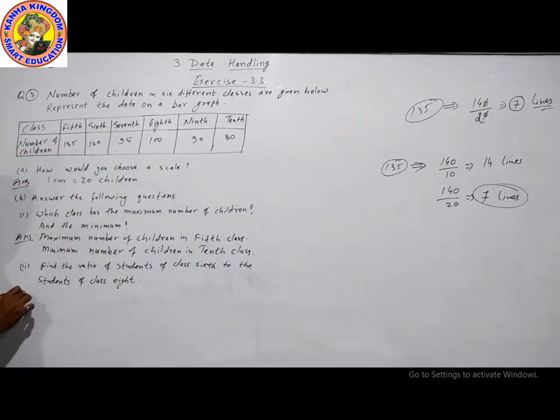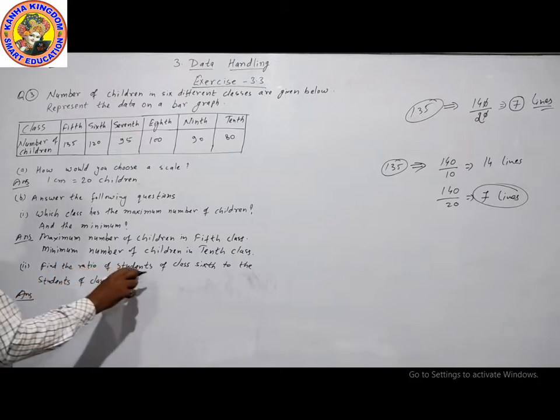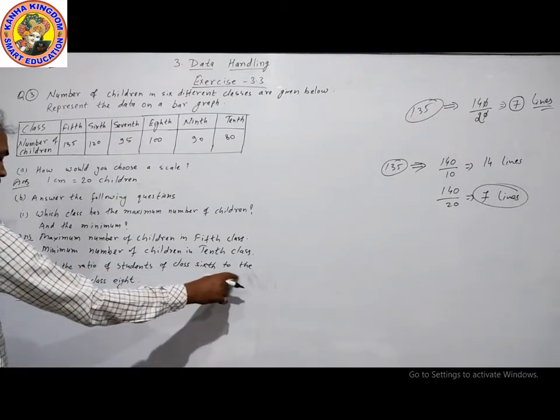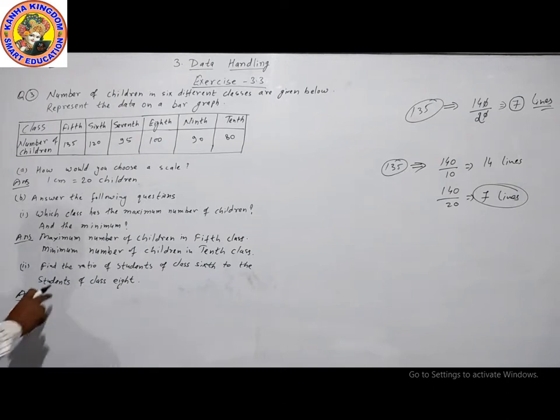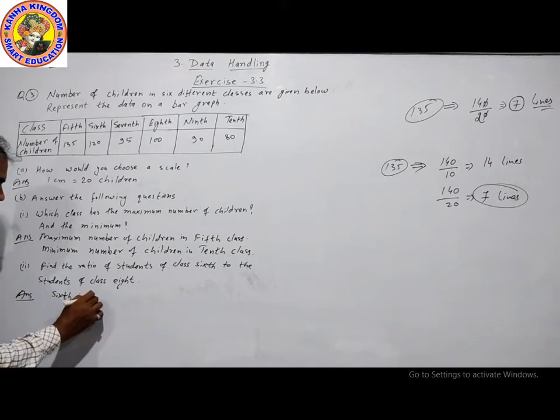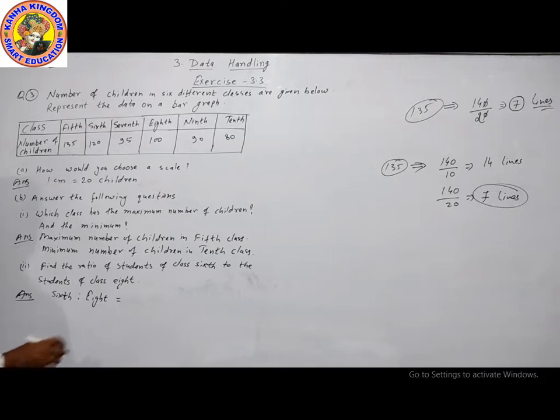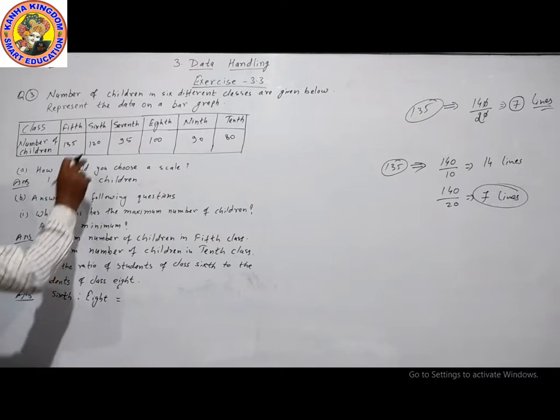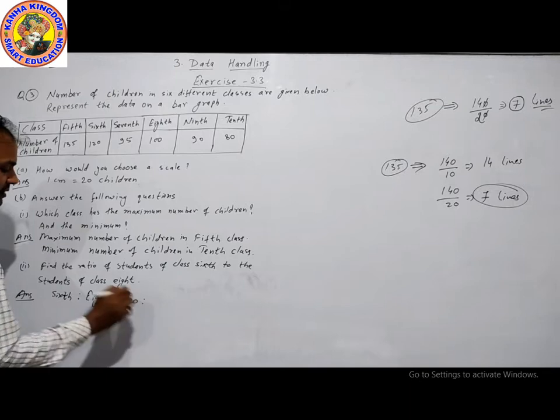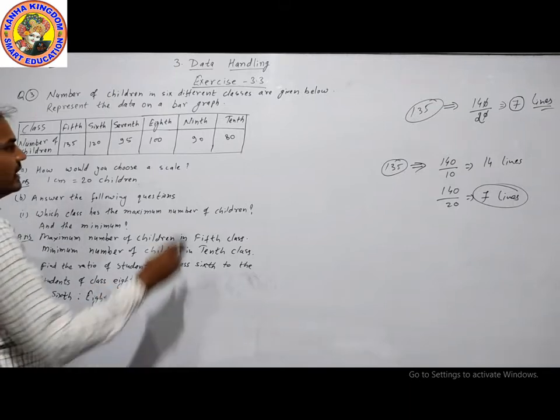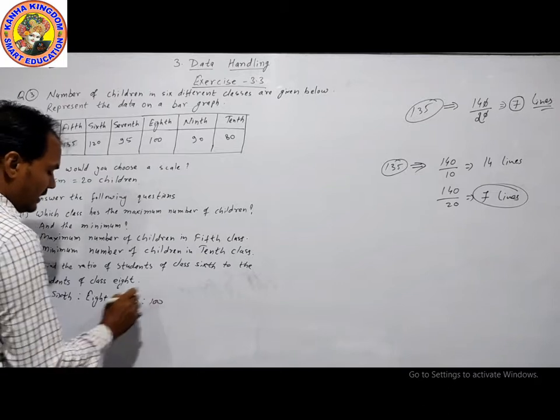Now find the ratio of students of class 6 to the students of class 8. The ratio of 6th and 8th class students will be denoted in division form. 6th ratio 8th is equal to the number of students in 6th class, 120, ratio the number of students in 8th class, 100.